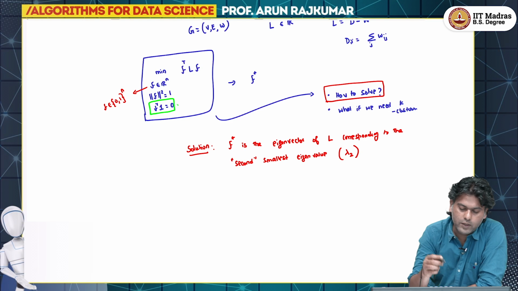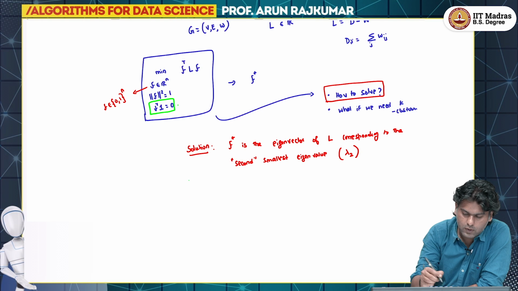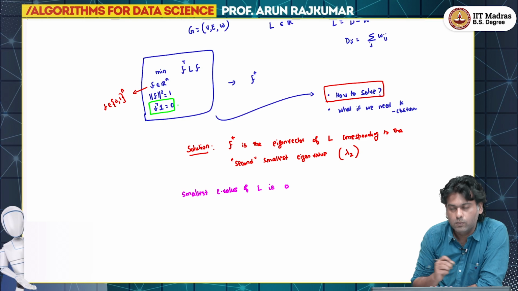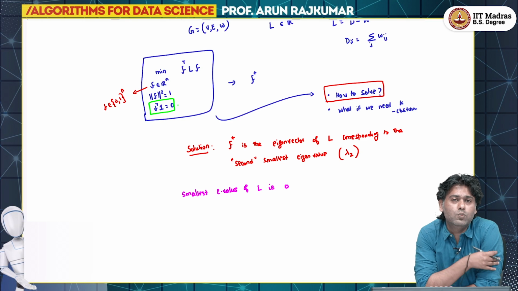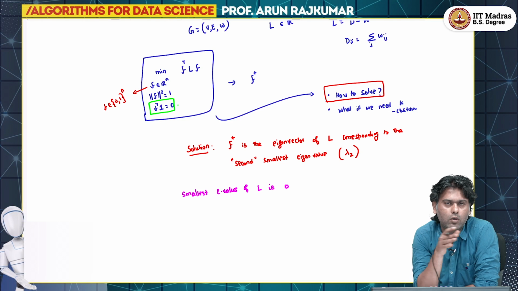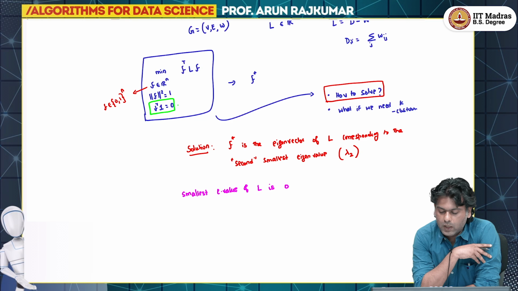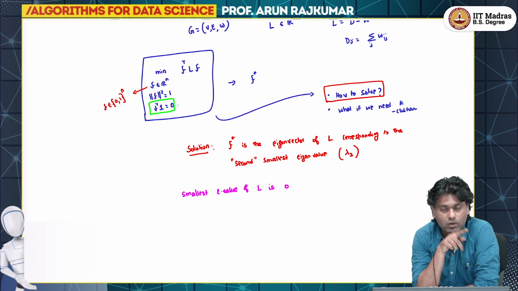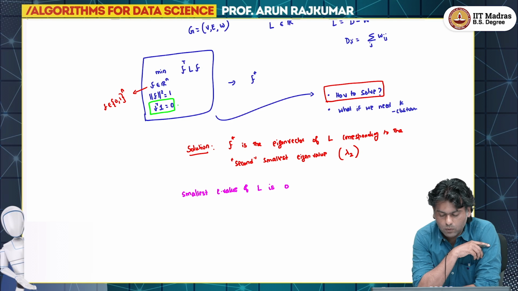So, the smallest eigenvalue would be eigenvalue 0, right. Let me note this down: the smallest eigenvalue of L is 0. So L is what is called a positive semi-definite matrix, which means the eigenvalues are all greater than or equal to 0, and in fact there is an eigenvector whose eigenvalue is 0.